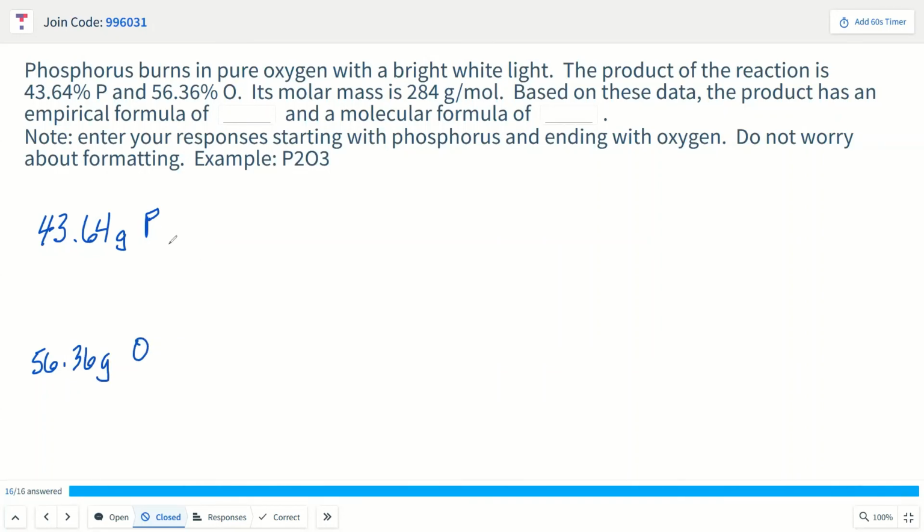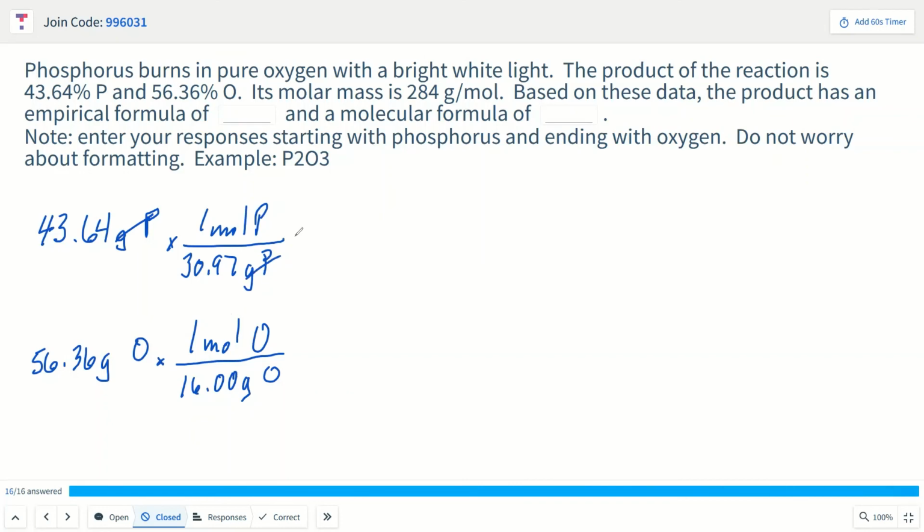And now we're going to turn that into moles. So 30.97 grams of phosphorus in 1 mole of phosphorus, 16.00 grams of oxygen in 1 mole of oxygen.